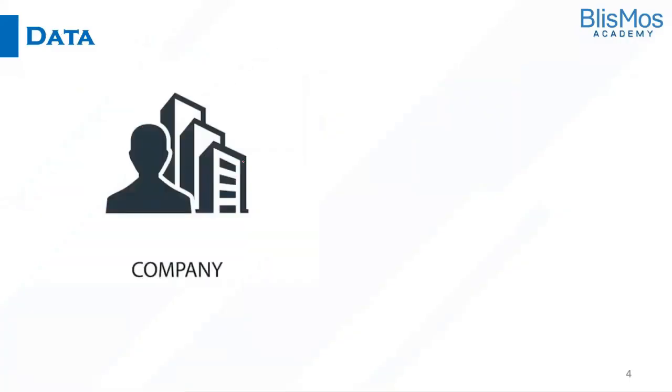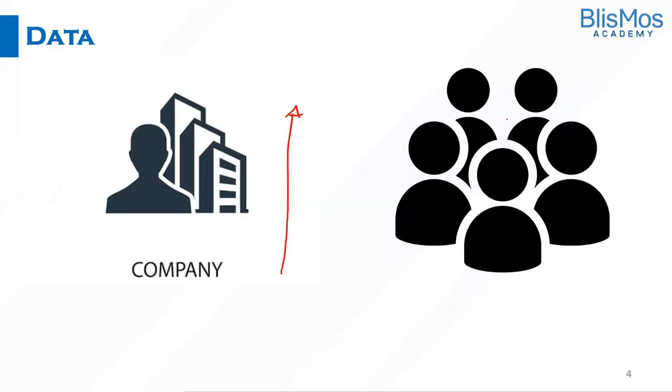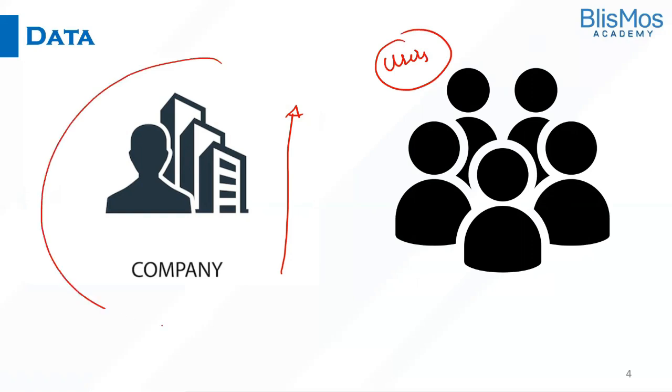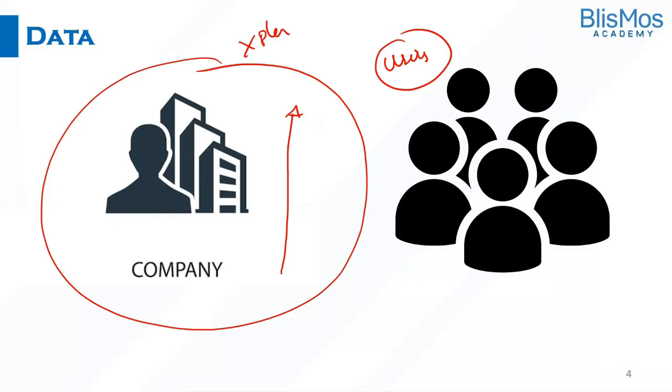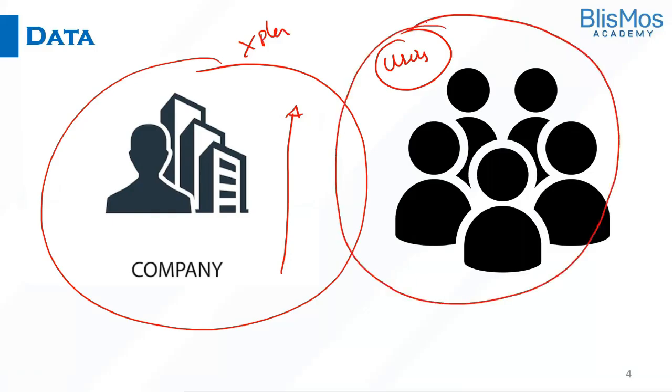The amount of data in organizations increased drastically, and there is also a lot of data being created by the users. So we have data in the organization from multiple applications, and we have data from users because users are also using multiple applications.